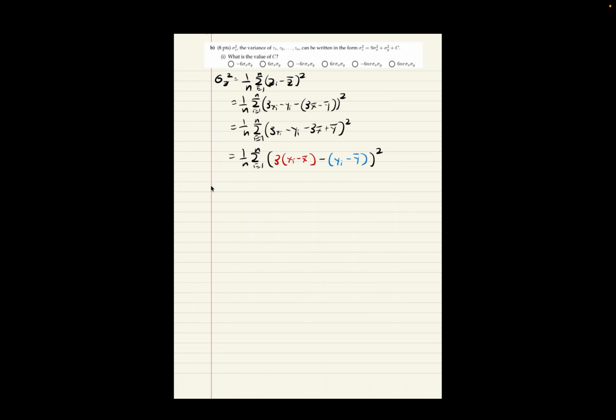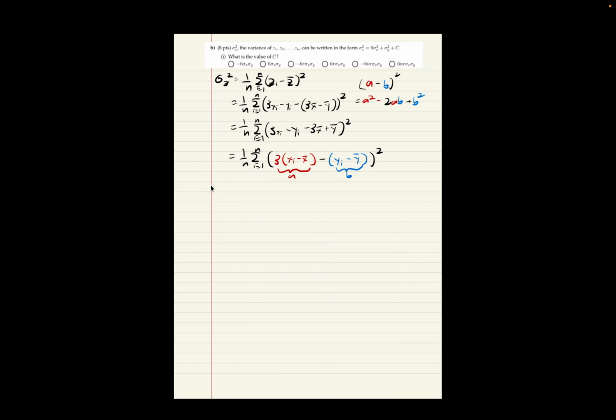When we're working with anything squared, we know that if we have a minus b and we square them, then the result is going to be a squared minus 2ab plus b squared. We can apply that same idea here, where our a is going to be the entire first term of 3 times xi minus x bar, and then our b is going to be the whole yi minus y bar term.